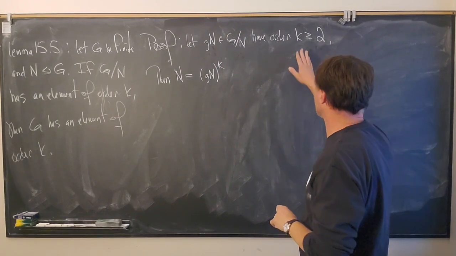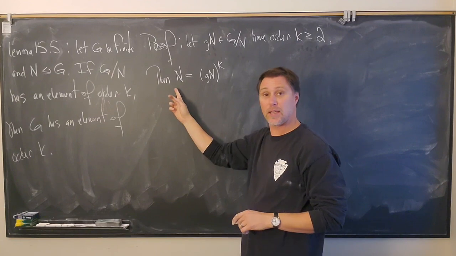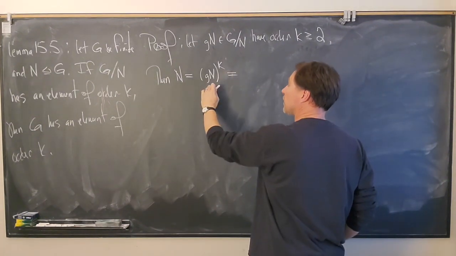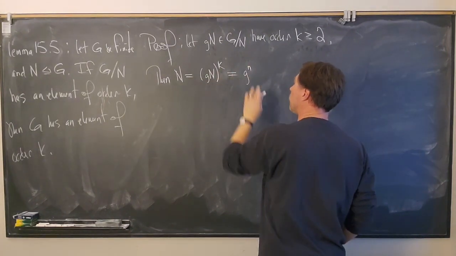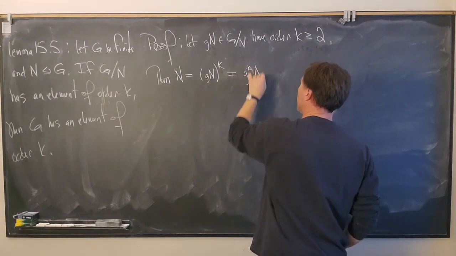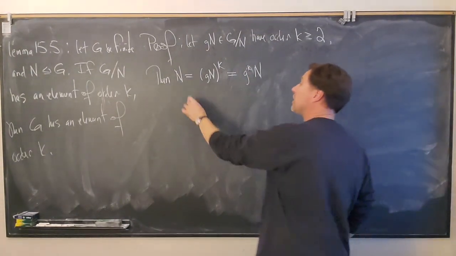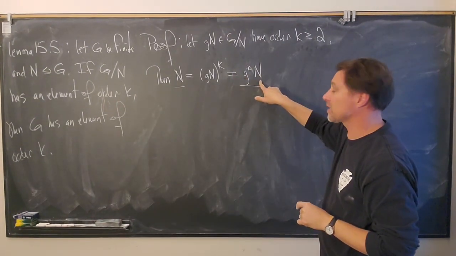If it has order k, that means that when you raise it to that power, you get the identity. The identity is the coset N. Now, to do the computation here, what does gN raised to the k mean? It means little g raised to the k times capital N. And now, what does it mean for these two cosets to be equal? It means that g to the k has to live inside N.